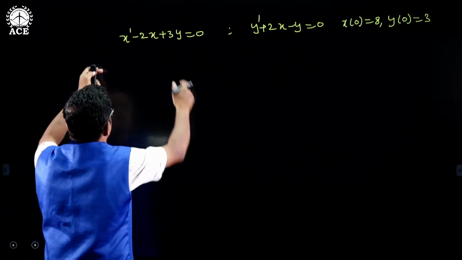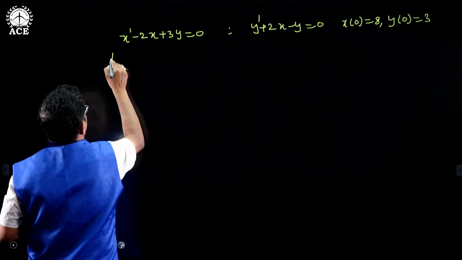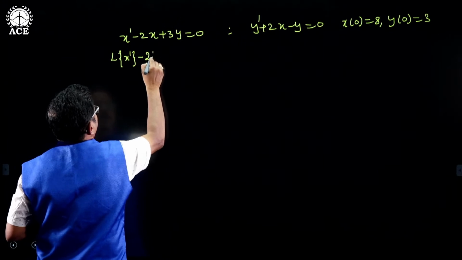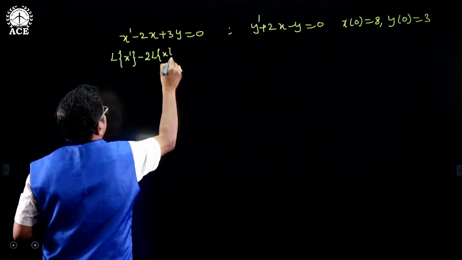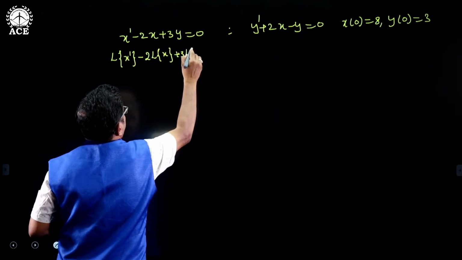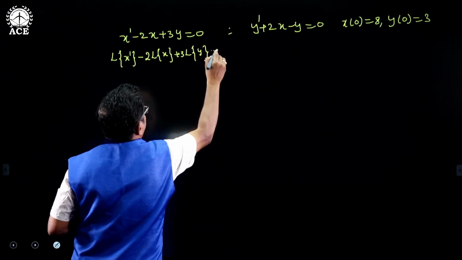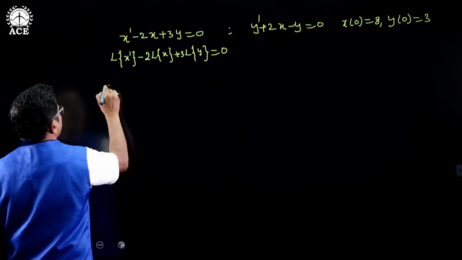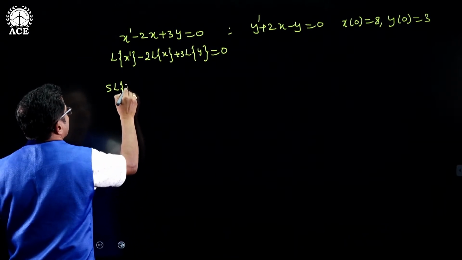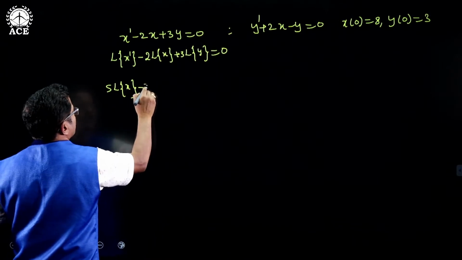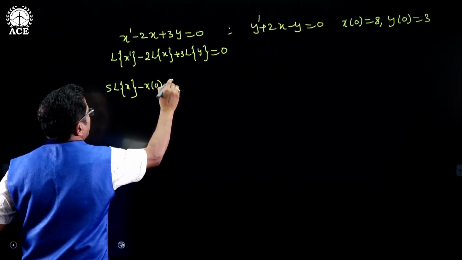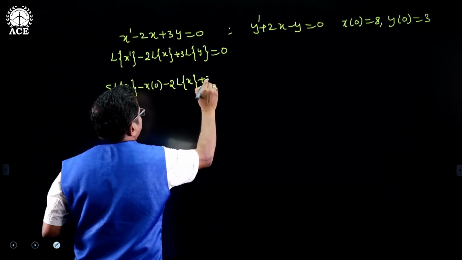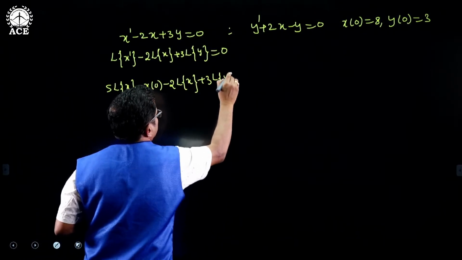Now I am taking Laplace transform for this differential equation. L of x dash, directly I am writing the Laplace transform for the given differential equation under linearity property. So L of x dash means s into L of x minus x of 0, minus 2 into L of x plus 3 into L of y is equal to 0.